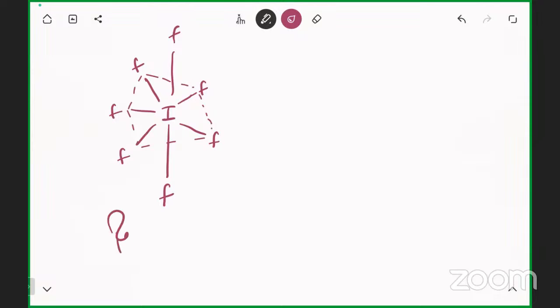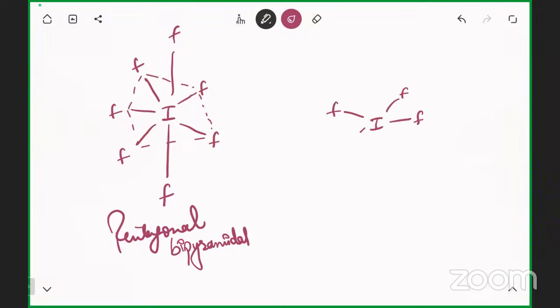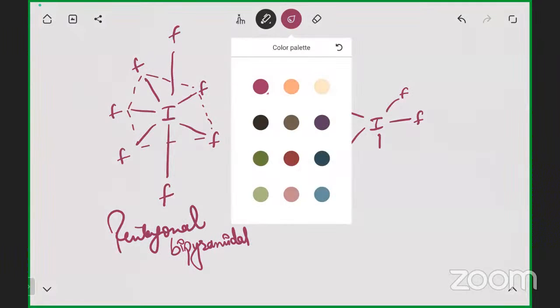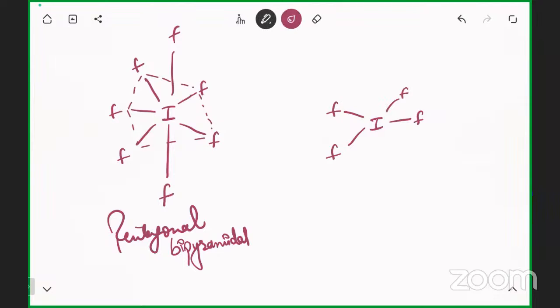So this is called pentagonal bipyramidal.